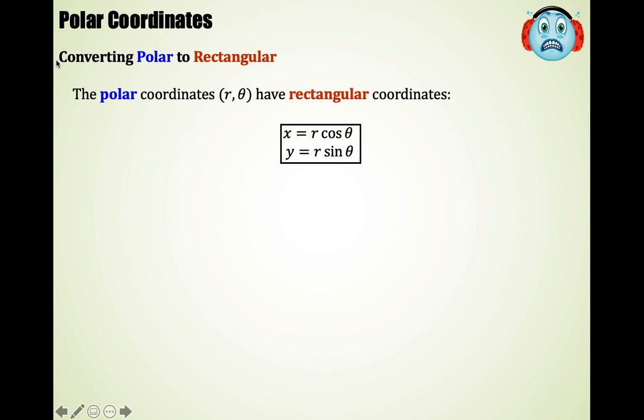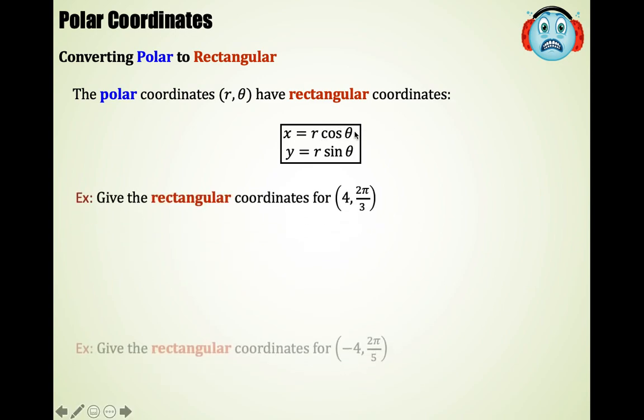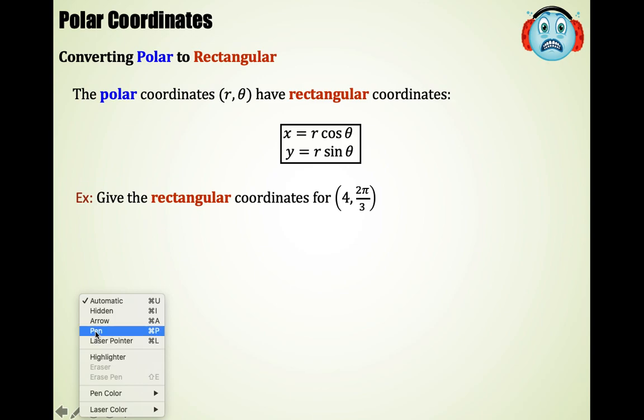So converting polar back to our normal rectangular: the polar coordinates r comma theta can be transformed back into rectangular coordinates by using triangle trig. X is equal to the radius times cosine of theta, and y is equal to r times the sine of theta.